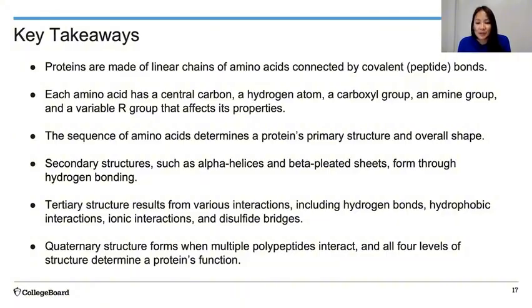Again, those hydrogen bonds, those hydrophobic interactions where they're going to want to be on the inside, that ionic interactions and disulfide bridges. Lastly, we're going to take away that quaternary structure forms when multiple polypeptides interact. So more than one polypeptide come together, and all 4 levels of structure determines a protein's function.